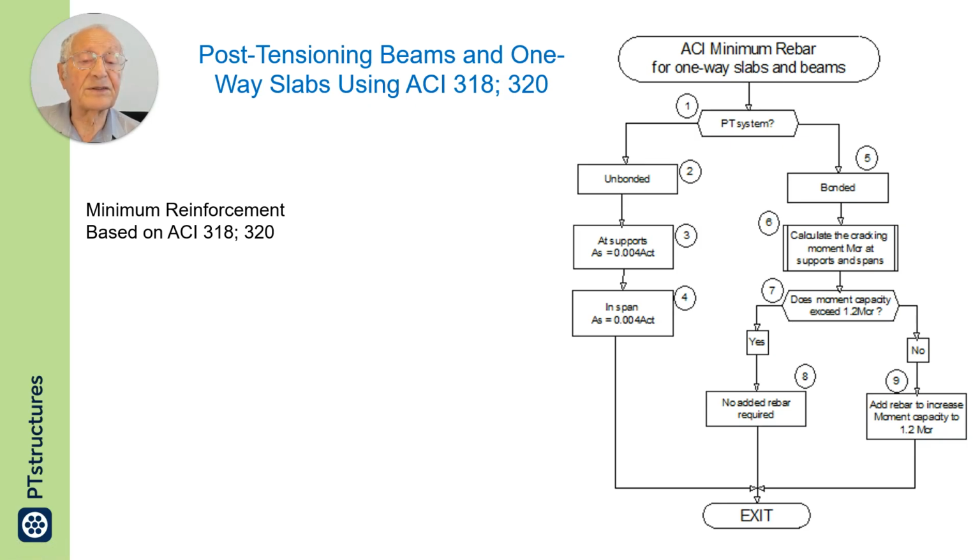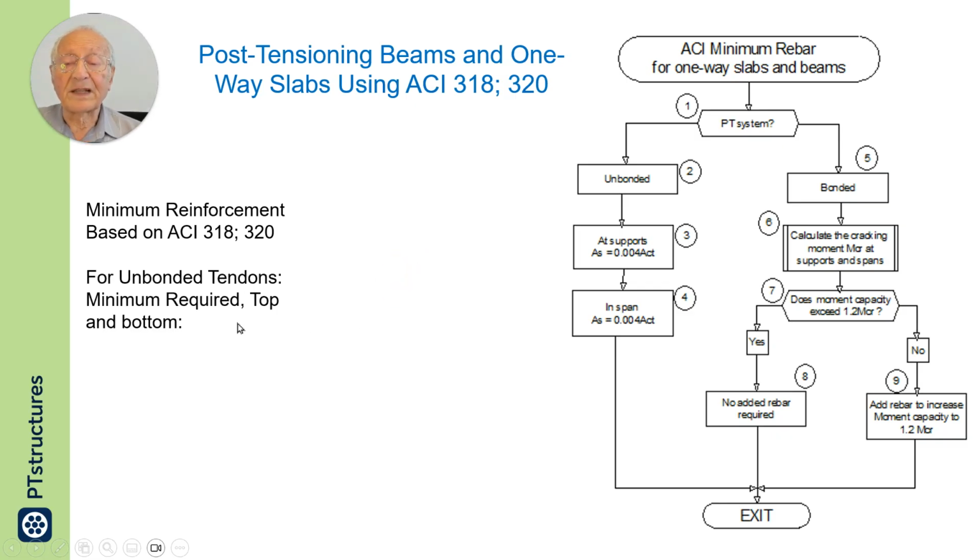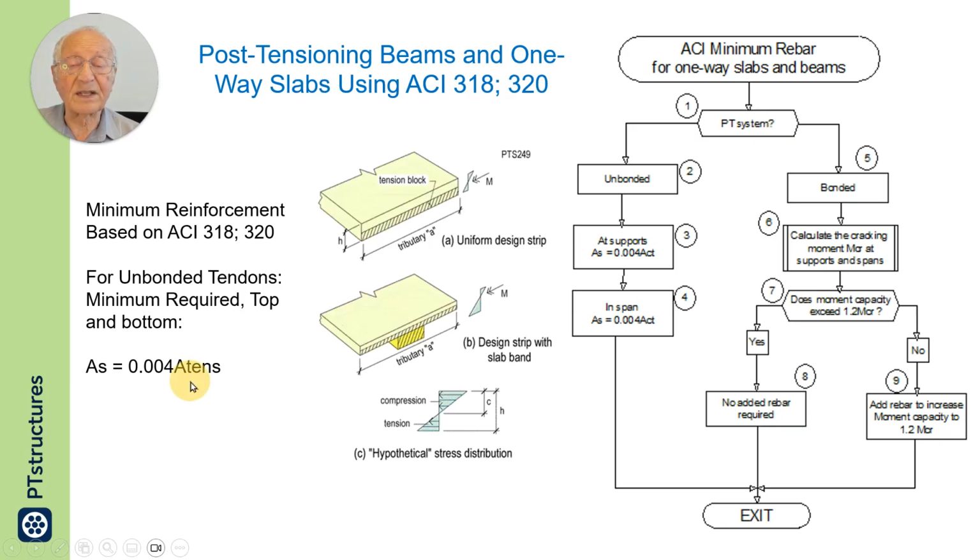We are dealing in this example with unbonded, and for unbonded we have rebar at the top of the support and in the span at the bottom. At the top and at the bottom, the area of rebar, bonded reinforcement I should say, is this coefficient times the tensile area of the section.